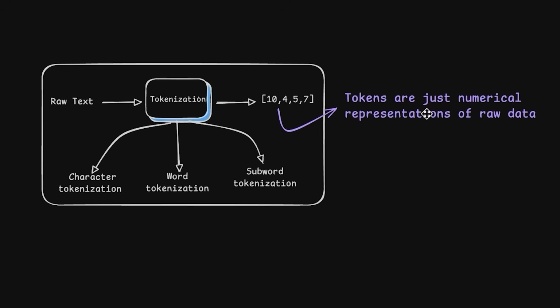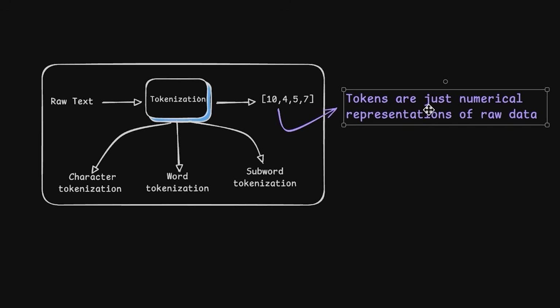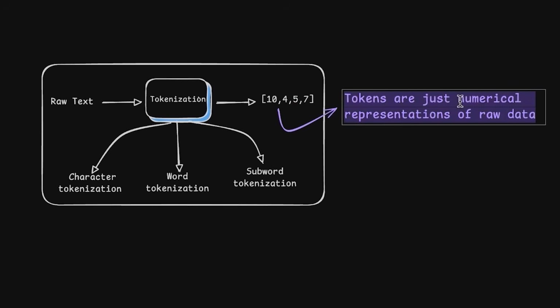But the key thing that you have to keep in mind is that these numbers are just a numerical representation of the raw data. These numbers don't carry any semantic meaning. These are just some symbols. This is not the meaning of the raw text. But vector databases are all about semantic search. So here at this point, a very important question comes up.